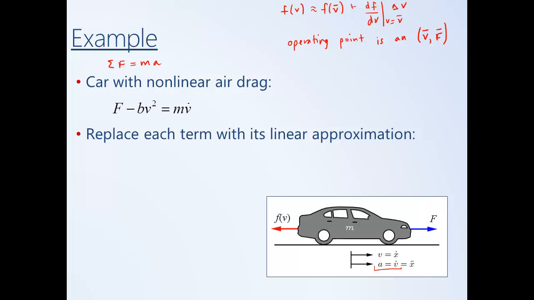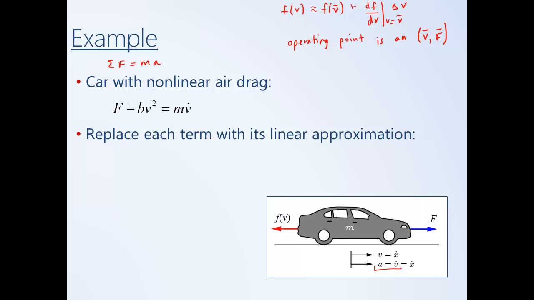That is, it's not accelerating, in essence. At this equilibrium point, the air drag is exactly balancing the tractive force, and the car is not accelerating. So we're going to replace this nonlinear term using something like this Taylor series expansion.